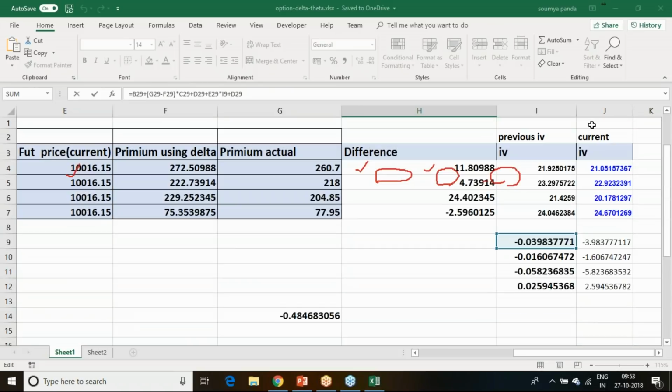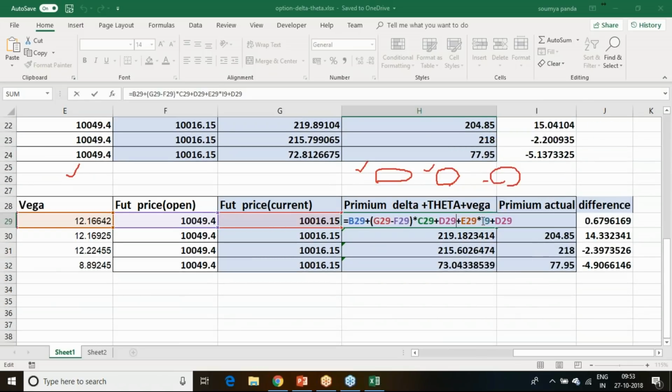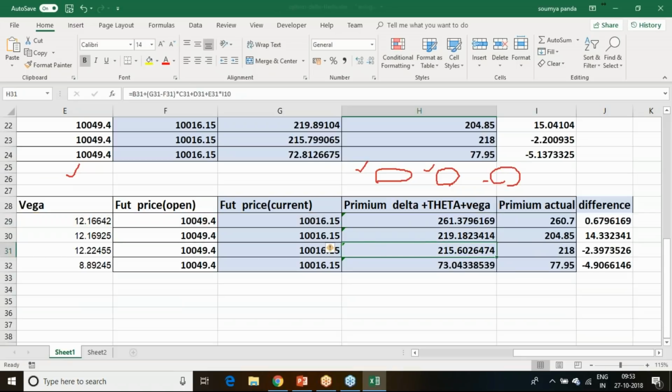I9 is the change in IV here. This change in IV is not in percentage terms, only for demonstration, the actual value. The actual change is multiplied. So this gives you the exact premium it should be, and actually it is 60.7. So the difference is coming to only 67 paisa.